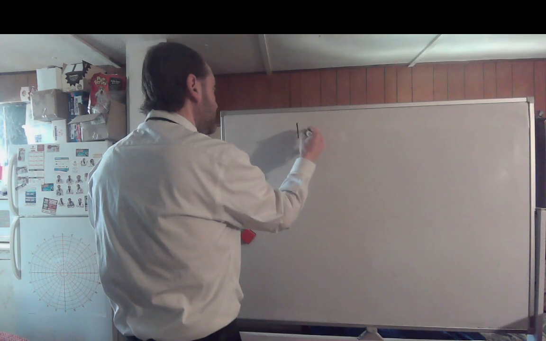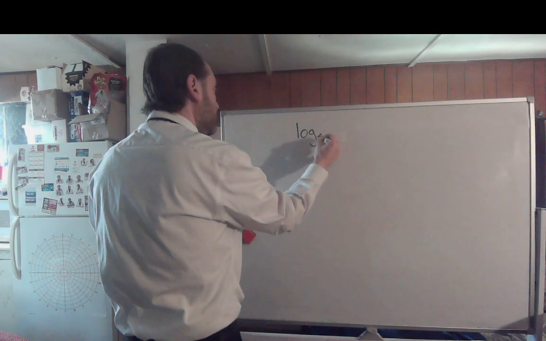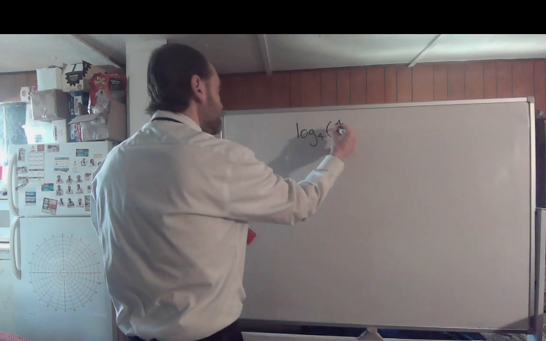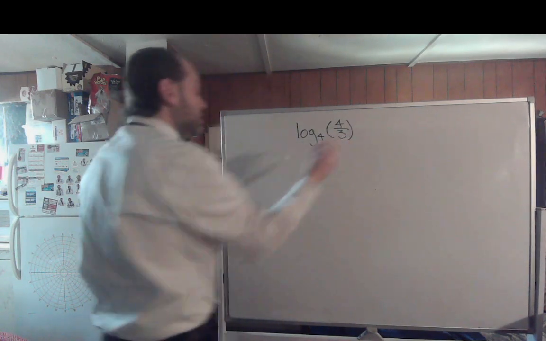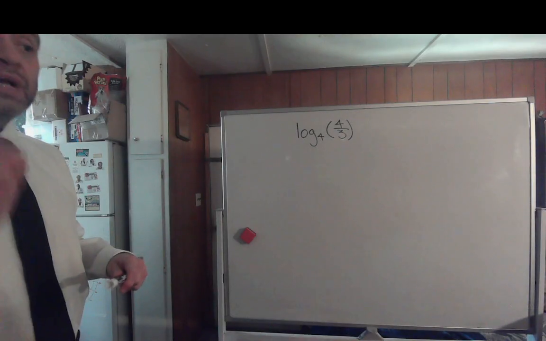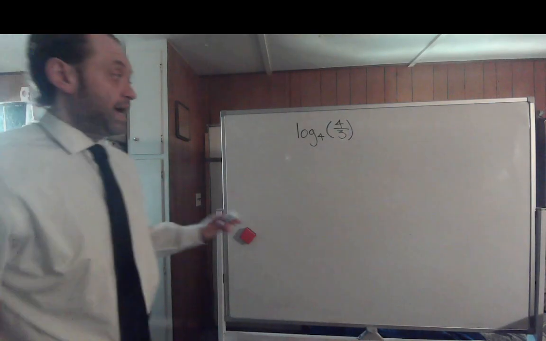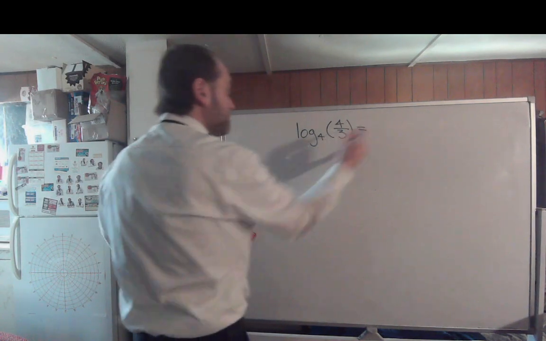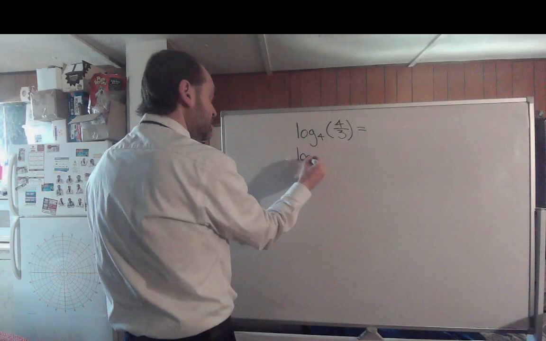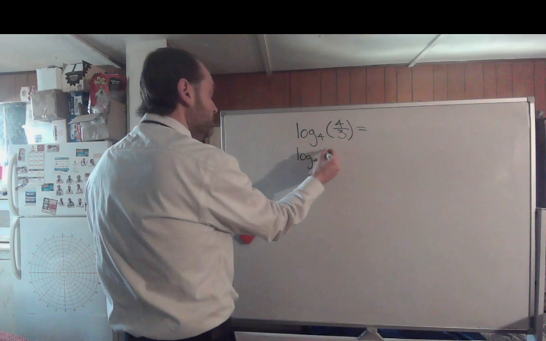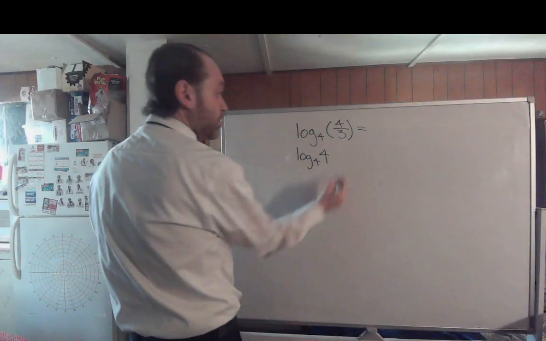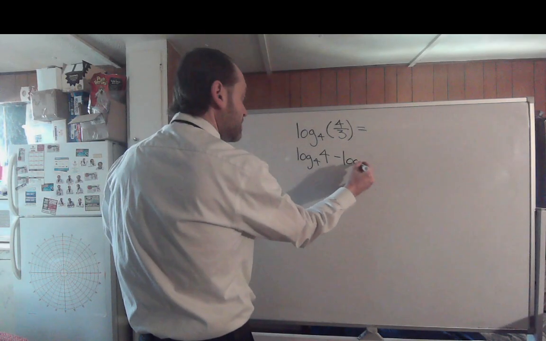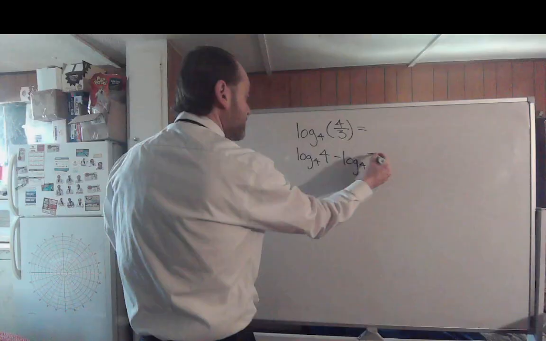Alright, so we have log base 4 of 4/3. Now we have a quotient property. So this is the same as taking the log base 4 of 4, which is your numerator, minus the log base 4 of 3.